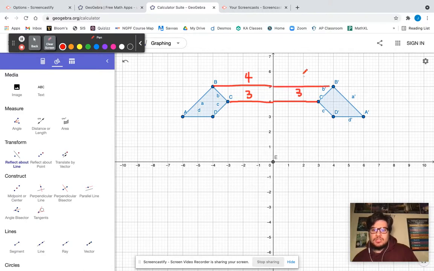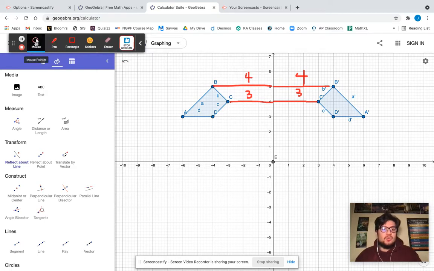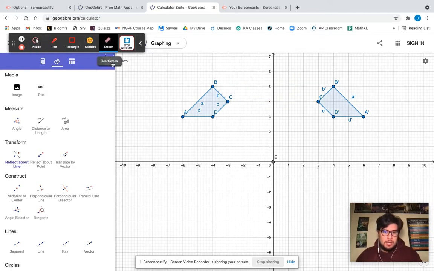And this is also 4 units away from the origin, right? It's a complete flip and a complete reflection. If our mirror were the y-axis, notice how it's completely reflecting and has the exact same distance from the y-axis. Okay? And so let me show you one more example of a reflection.